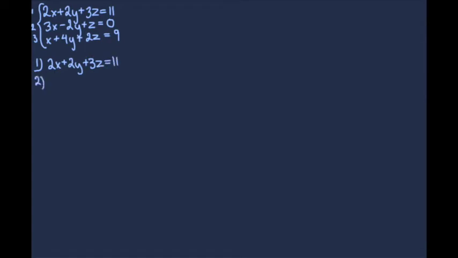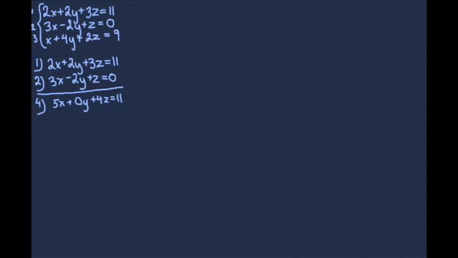Watch how we do it by using the elimination as if you had only 2 variables. This gives us the new equation 4: 5x plus 4z equals 11, which only contains 2 unknown variables.